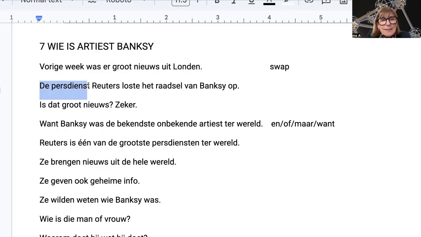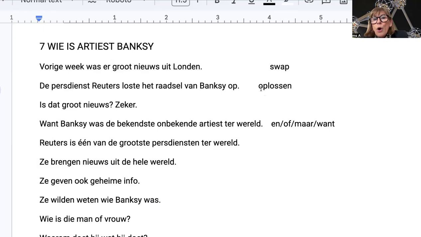De persdienst Reuters loste het raadsel van Banksy op. And here we have this very interesting thing. We have loste op, which comes from the verb, and I'm going to write it here, oplossen, which means to solve.